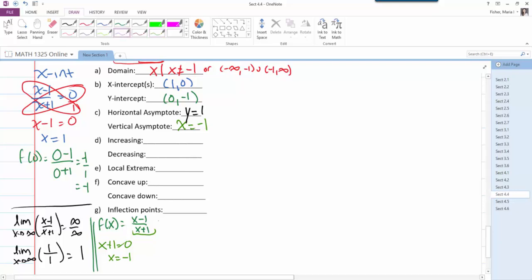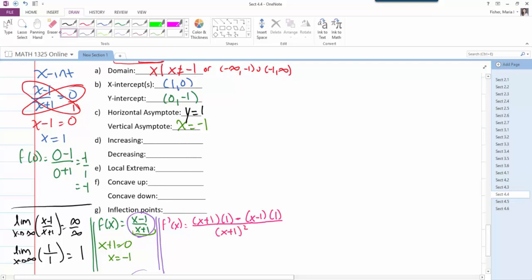In order to find places where I'm increasing or decreasing, I'm going to need to find the first derivative. This function, remember, is a quotient, so we're going to need to use the quotient rule. So f prime of x is going to equal the denominator times the derivative of the numerator, minus the numerator times the derivative of the denominator, all over the denominator squared.